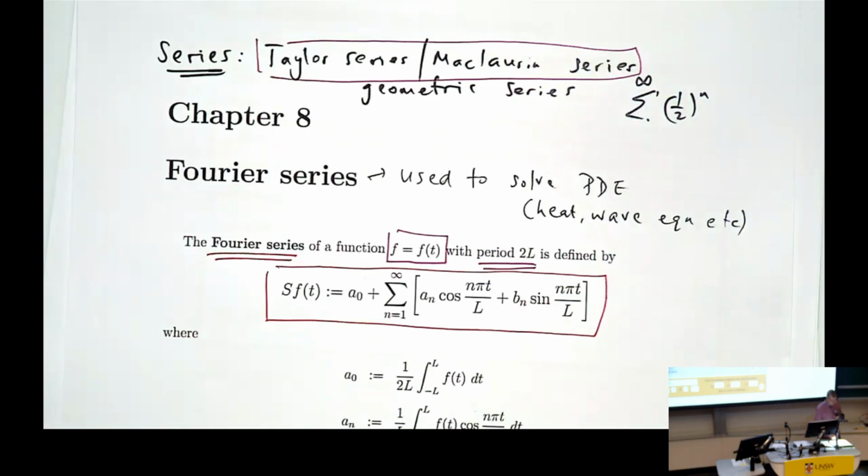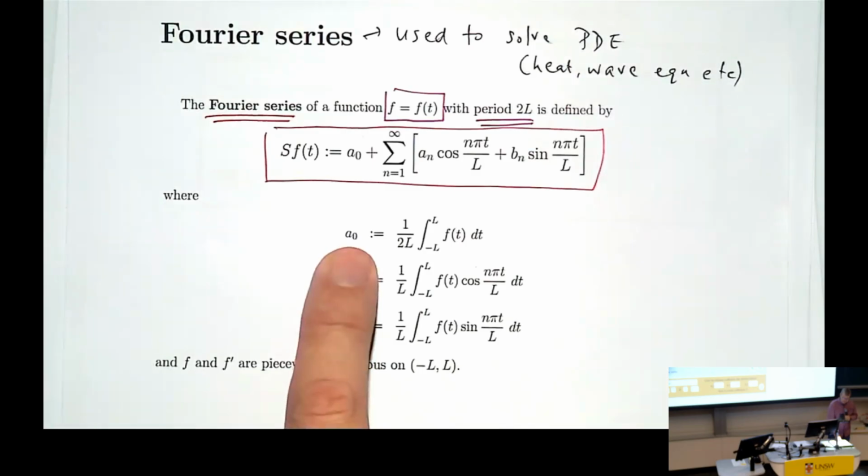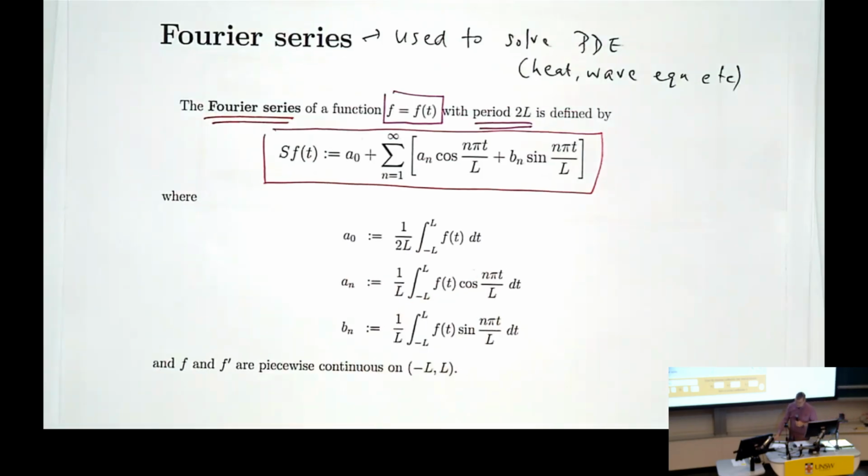Or sequences, really, sequences of numbers. So if I push that up there, you'll see these are the suggested forms for, they're called the Fourier coefficients.